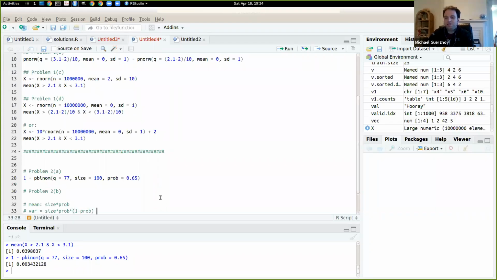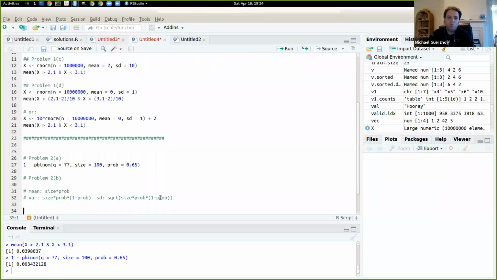Okay, so that means that the SD is the square root of size times prob times 1 minus prob. So instead of writing pbinom here, we'll write pnorm. And for now, we'll keep the q as 77. So we'll say mean is equal to 100 times 0.65, which is just 65. And SD is the square root of 100 times 0.65 times 0.35. So that's going to be like this.